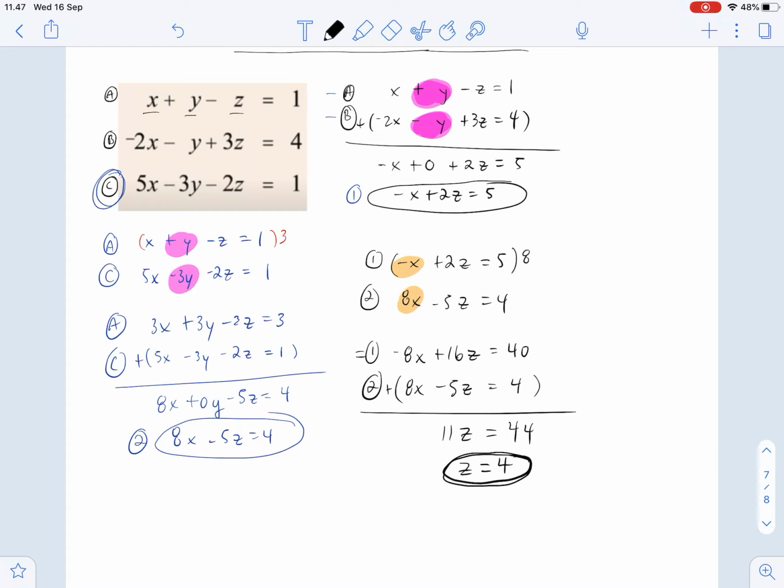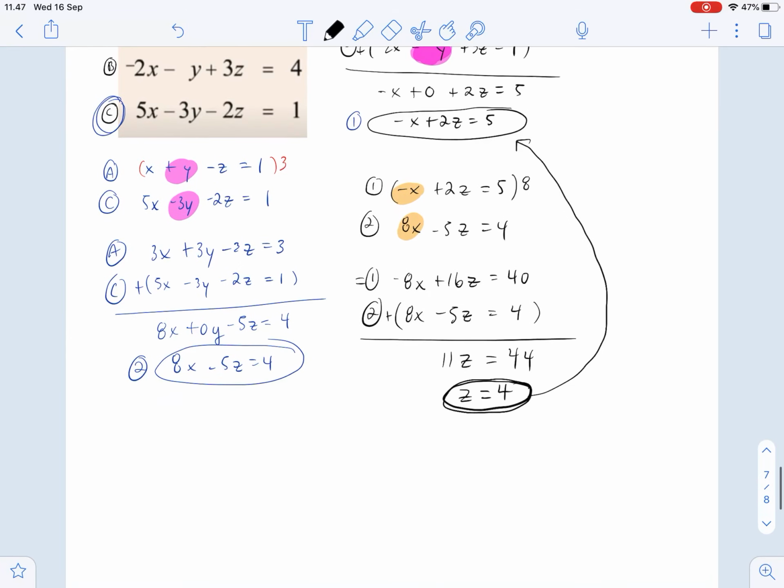Now, just like how you would solve a system of two equations with two variables, I can take this and plug it back into equation 1 or equation 2. So I'll come back up here and plug it back into equation 1.